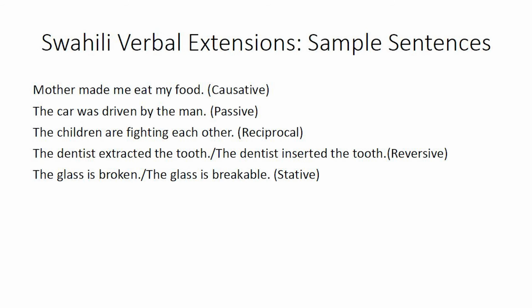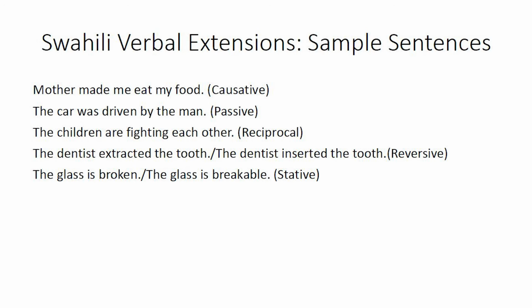So when you say close in Swahili, you remove the U and you say funga, which is close. So fungua is open, and then the reverse of open is to close, is funga.